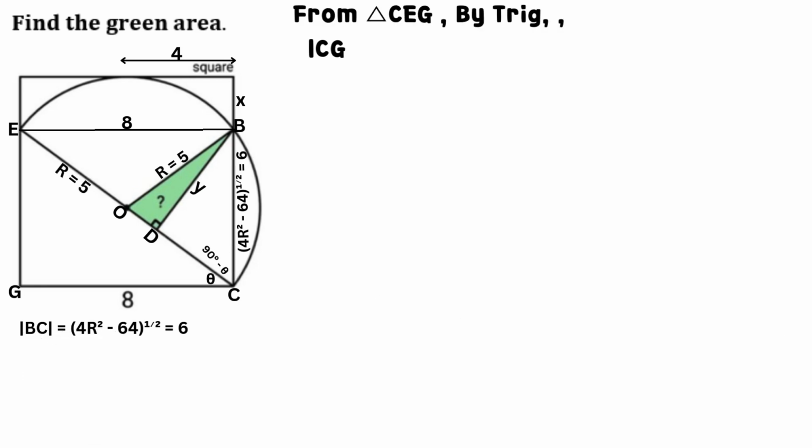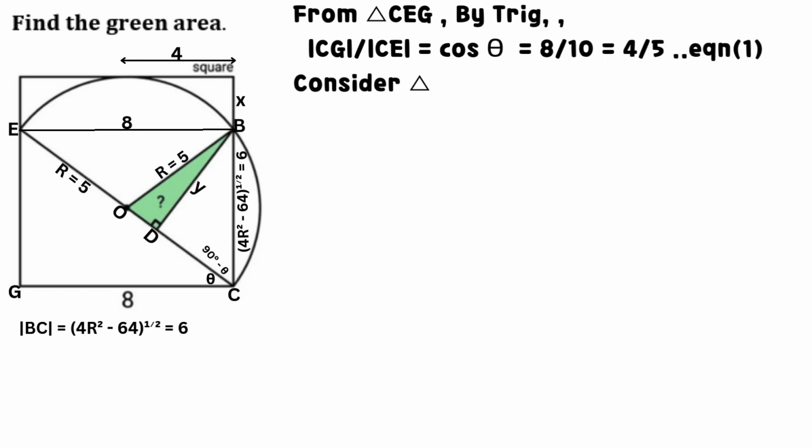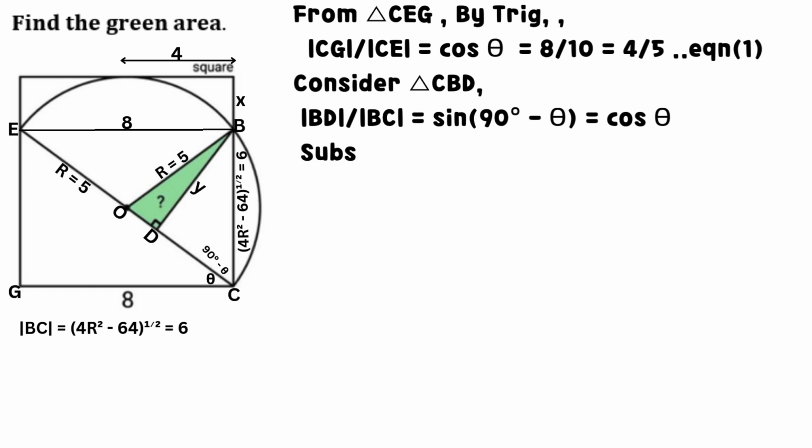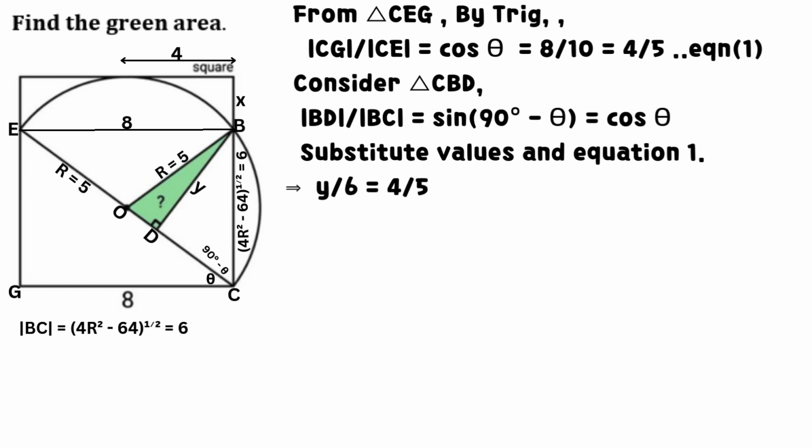From triangle CEG, by trigonometric identity, line CG divided by line CE equals cosine theta, which equals 8 divided by 10. The result equals 4 divided by 5. We call it equation 1.